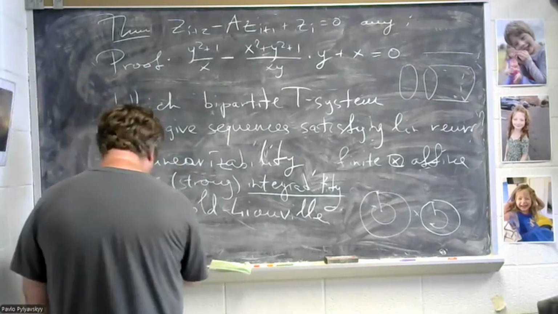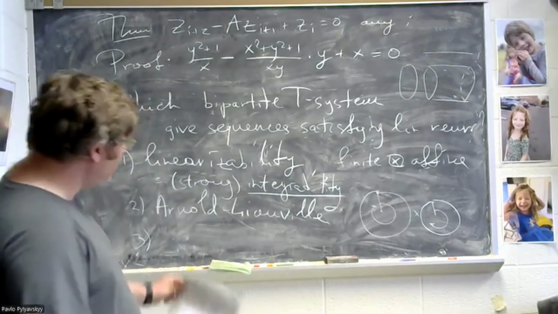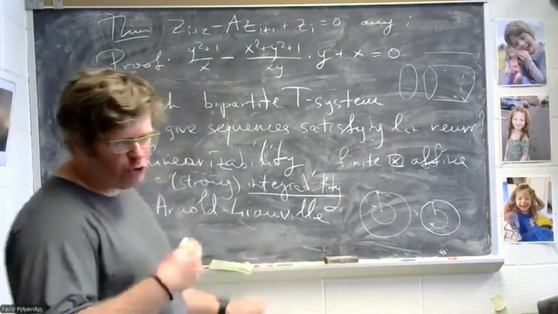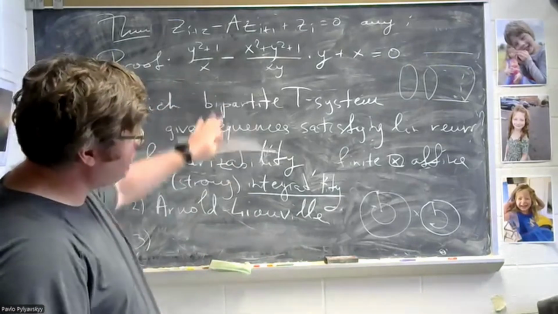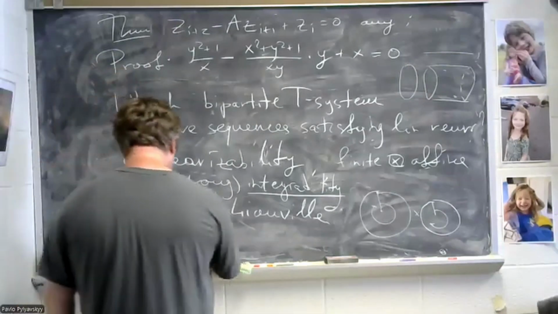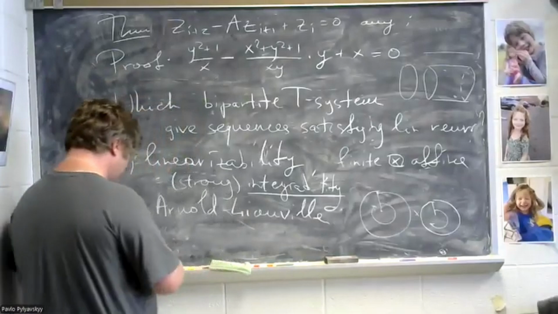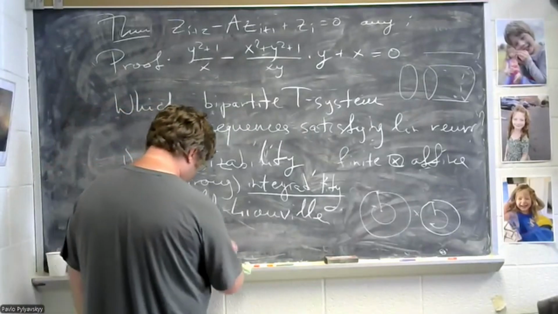There's another form of integrability which people who study discrete systems like. Arnold-Liouville is actually more suited for continuous systems. You can apply it to discrete systems like this, but it's more suited for continuous systems. The thing which is suited for more algebraic and discrete systems is called zero algebraic entropy.